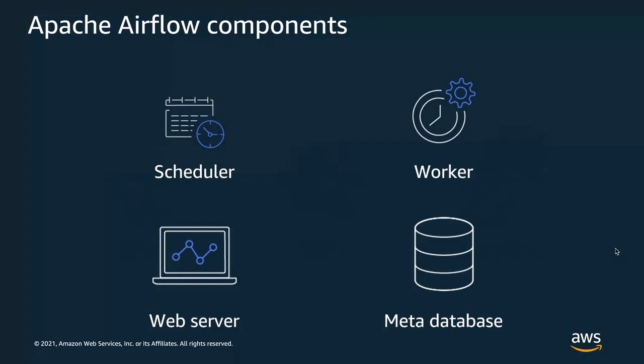Now, like a lot of technologies like it, and in my mind I think of things like Hadoop, Airflow has a number of components to it. Much like Hadoop, where Hadoop has different concepts of nodes and manager nodes and things like that, Airflow itself has a number of different components that power the overall machinery of running your workflows.